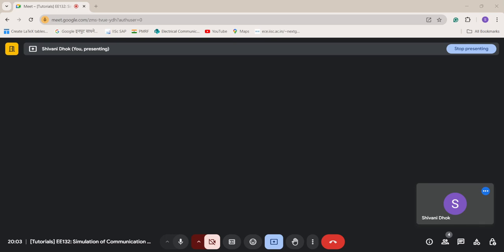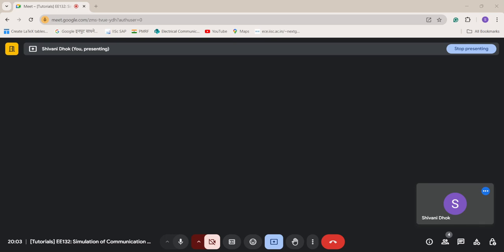So this will be equal to this constellation point times the square root of E average. So this thing will change. Okay, so we have these constellation points, then the constellation scaled by average energy.